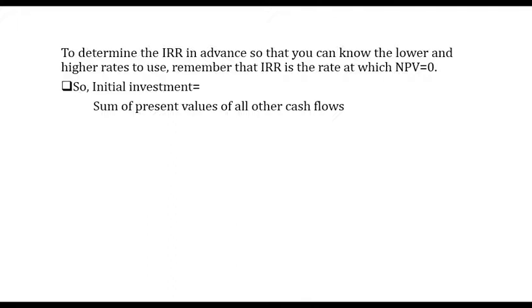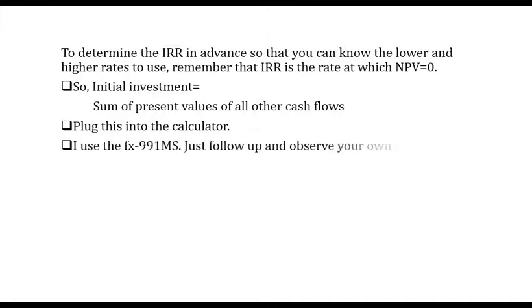Now, we prepare this mathematically and plug the equation into the calculator. On my side I use the 991 function calculator, so you can just check your own calculator and follow the rules that we will be talking about.